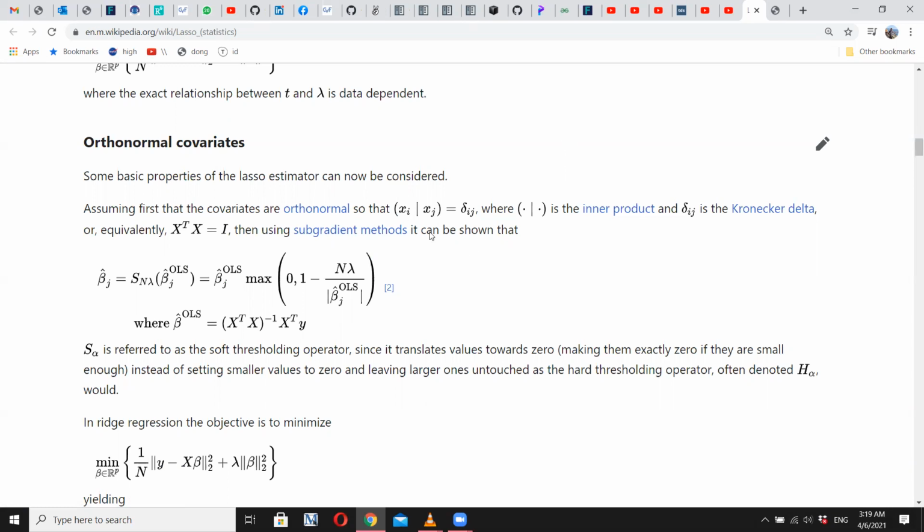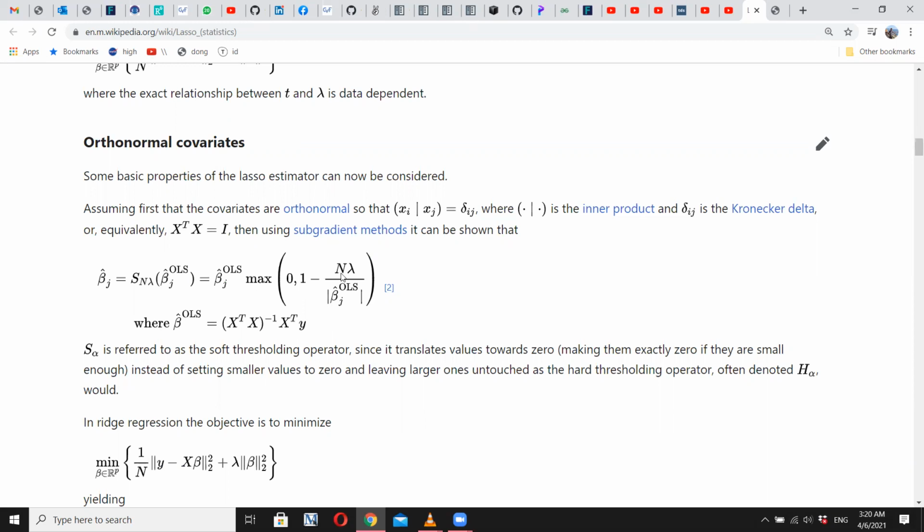If that condition is satisfied, with 10 houses and 3 parameters, then your features are orthonormal. Only then can we have a closed form solution in this form, which is basically the closed form solution of ordinary least squares multiplied by this term.